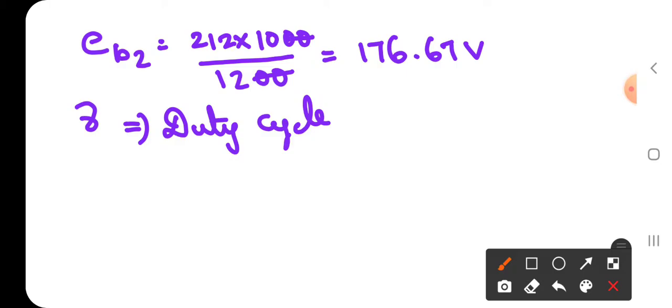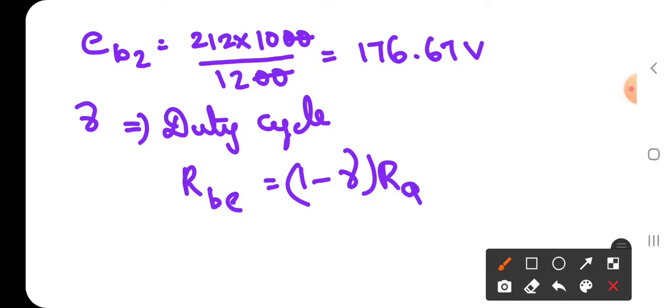Here for effective braking we know that RBE is equal to 1 minus gamma into RA.